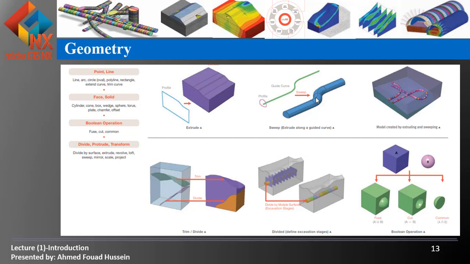So we have point and line, arc, circle, polyline, rectangle, and we have many AutoCAD-like commands, like offset and extend and others, like align, so you can start to draw easily in the Midas GTS NX software.